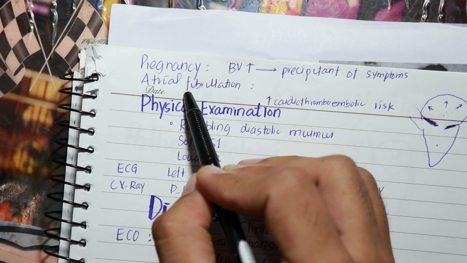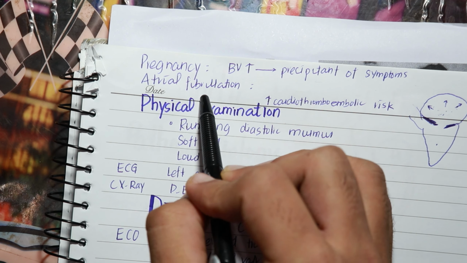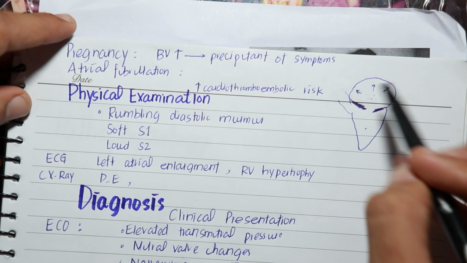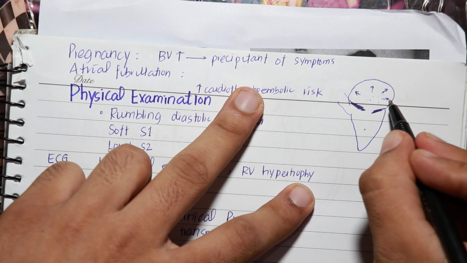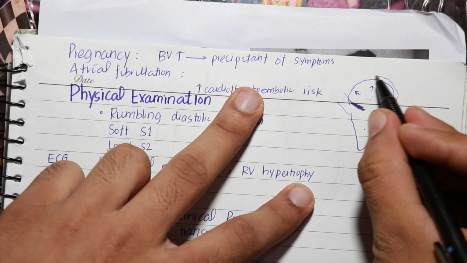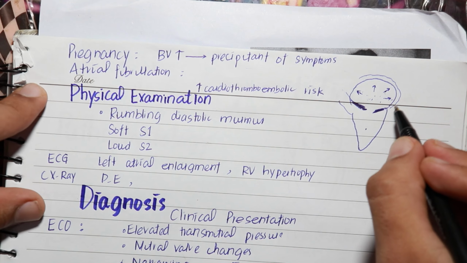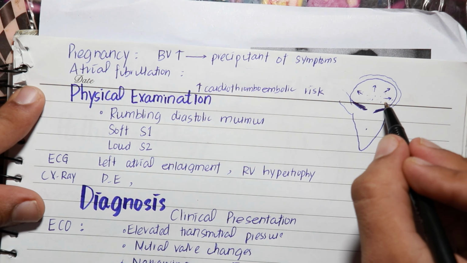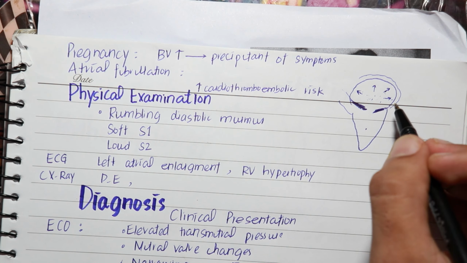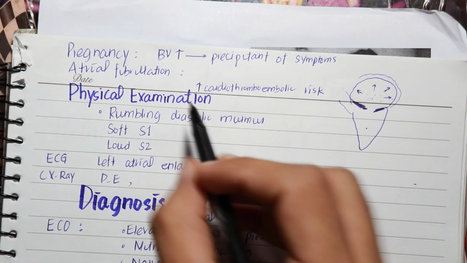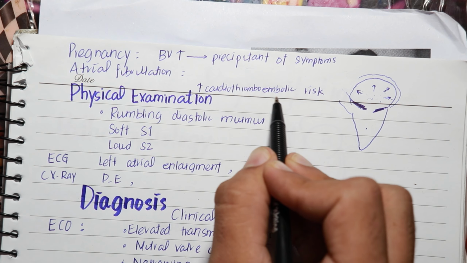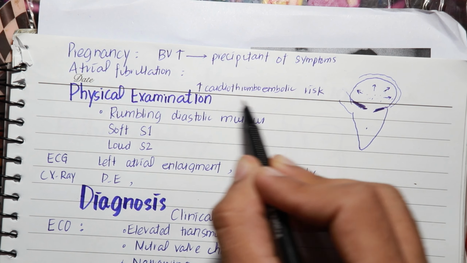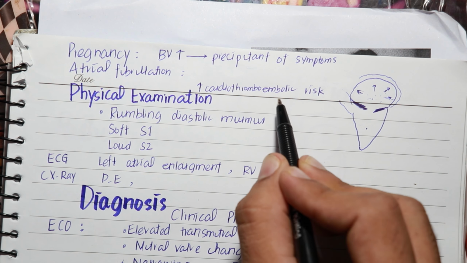The other clinical presentation could be atrial fibrillation. Why? Because now there is more pressure in the left atrium, it is called left atrial enlargement. So the left atrium is enlarged, and when there is enlargement of the left atrium, obviously it will cause atrial fibrillation. And there is also increased risk of thromboembolism. Why?